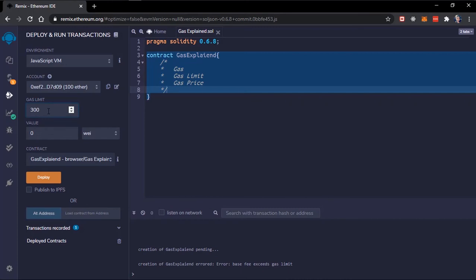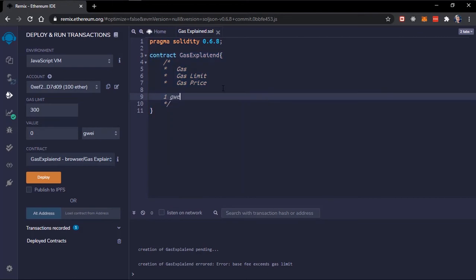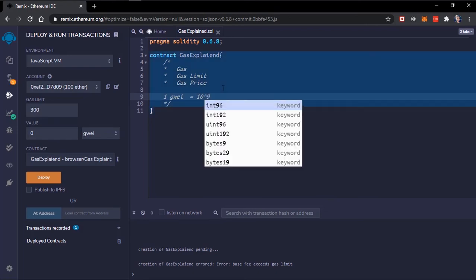The default value is 2 gwei. I hope that's how they pronounce it. 1 gwei is equal to 1 billion wei, and 1 Ether is equal to 1 billion gwei.